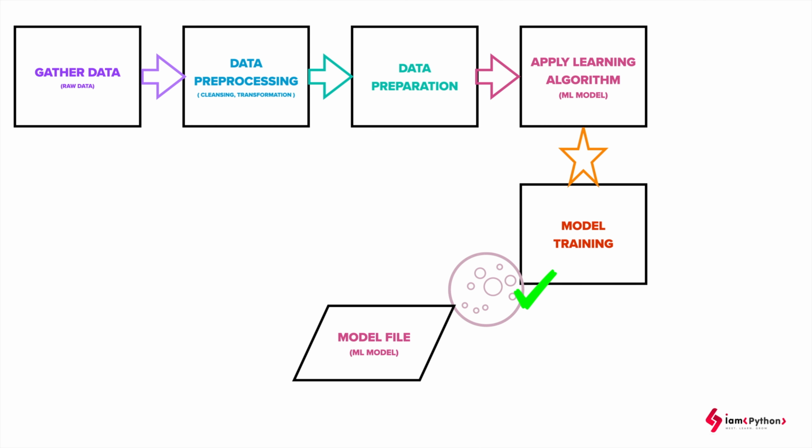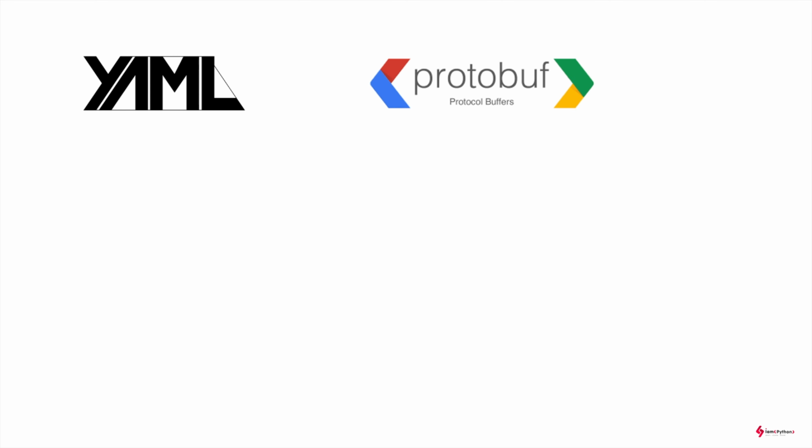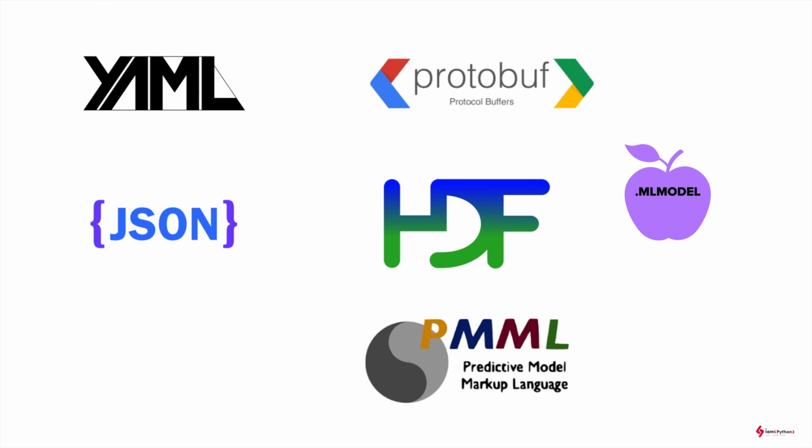This is where I'm going to invest some time in this video, to give an idea of what are the ways we can save the model, and what the different machine learning model formats are. There are various model formats. For example, you can see here protocol buffer, ML files, HDF and JSON, Apple ML models, Predictive Model Markup Language, ONNX.